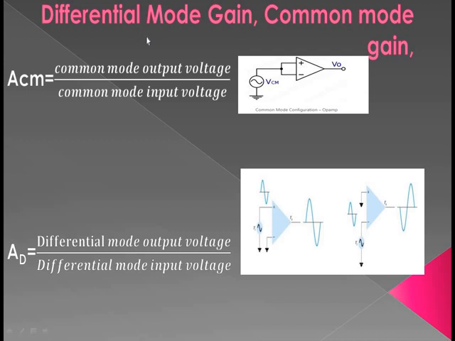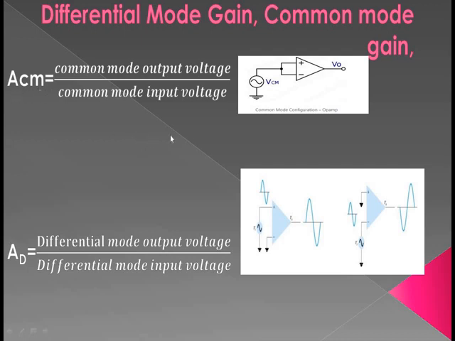Next is differential mode gain. As we have seen, an op-amp amplifies the input signal. But if we apply the same input to both terminals, the voltage we receive at the output is nothing but the common mode gain.